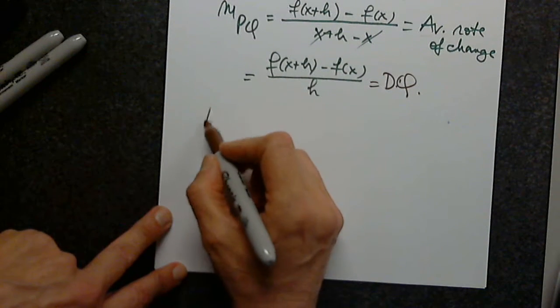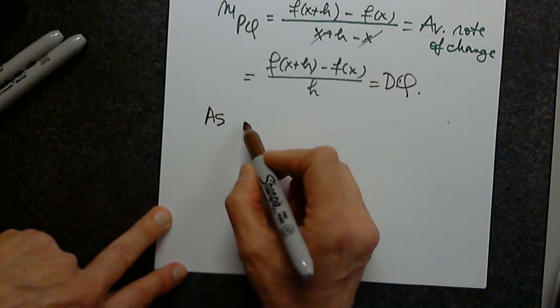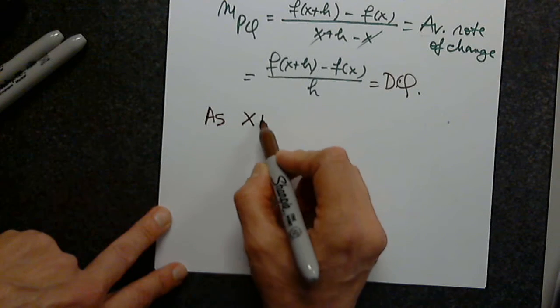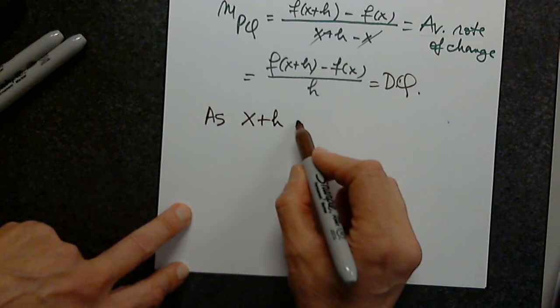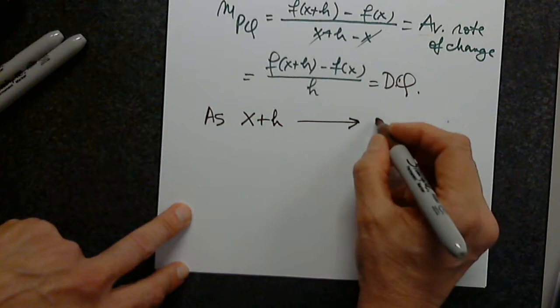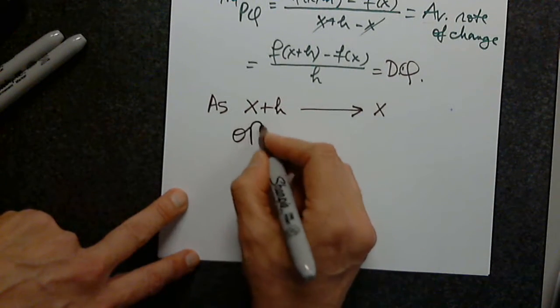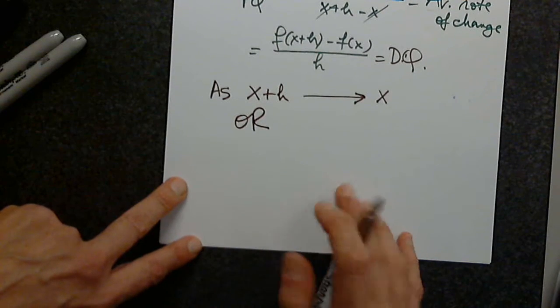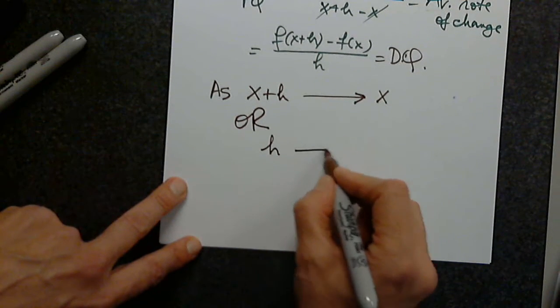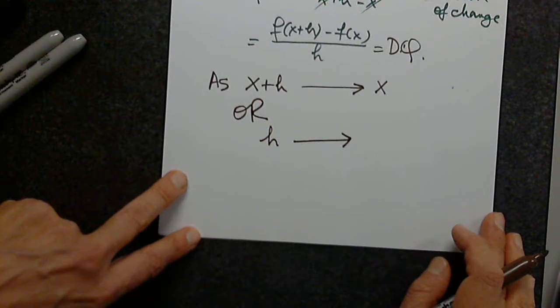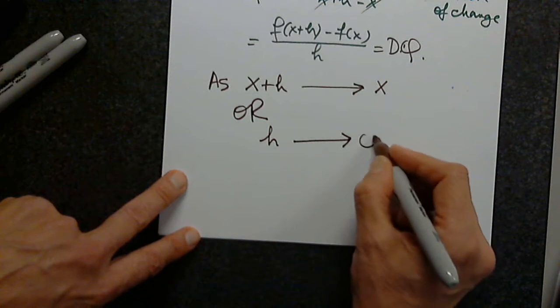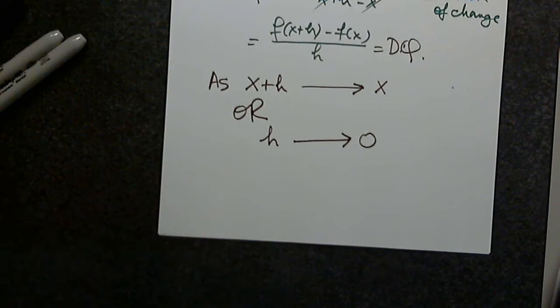As x plus h gets closer and closer to x, or in other words, as h approaches 0, then h is shrinking to 0.